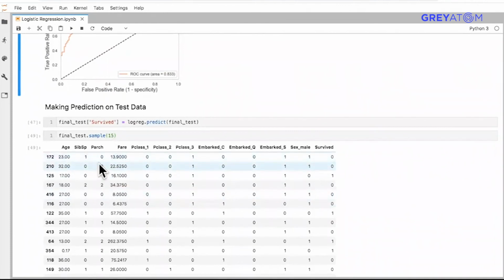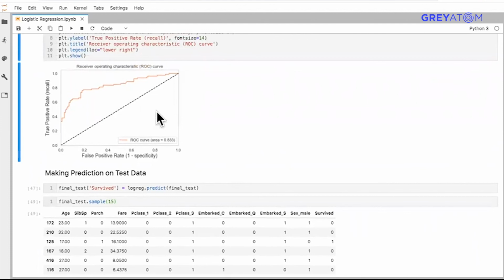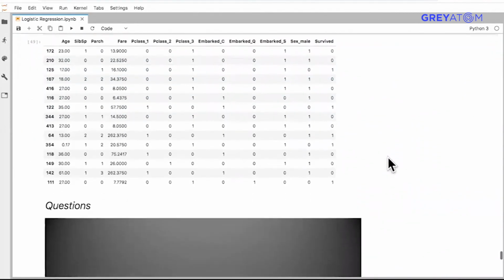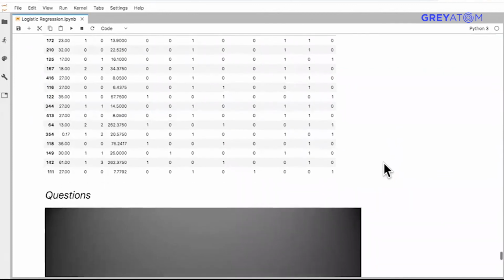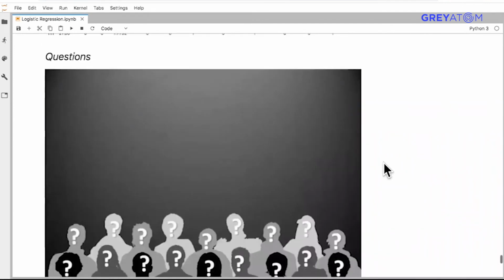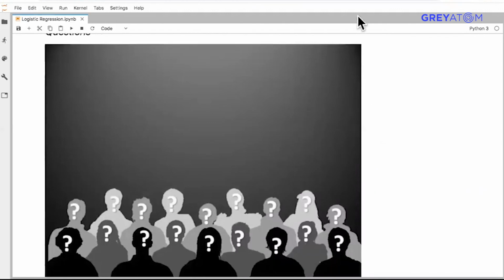So this is the test data, guys, that Kaggle had given me. I don't have real labels in this, so I can't check how well I'm doing. But looking at this ROC, I should be doing somewhere around 0.8 or something like that. So that's how a logistic regression is implemented. If I had a little more time, I would have gone into a little more detail. But now I'm totally open to questions, and we'll wrap up then.